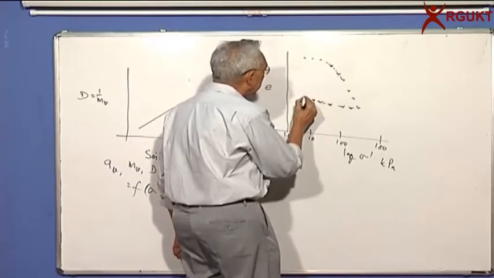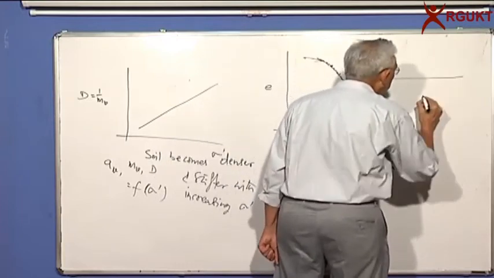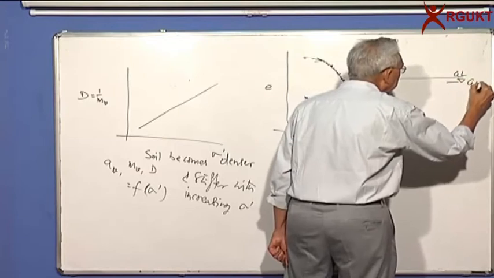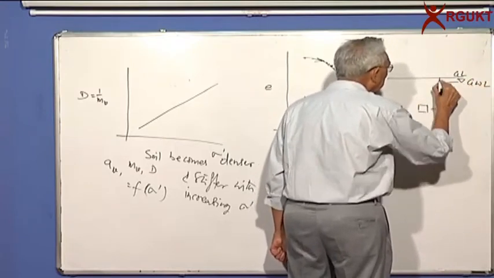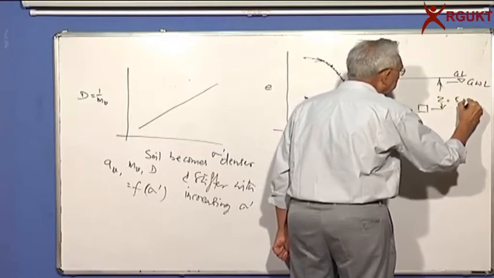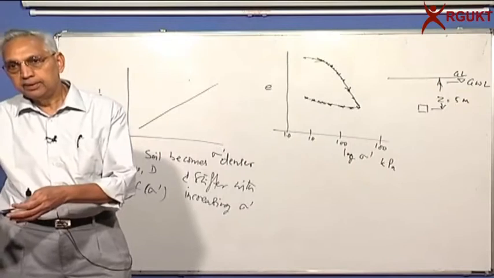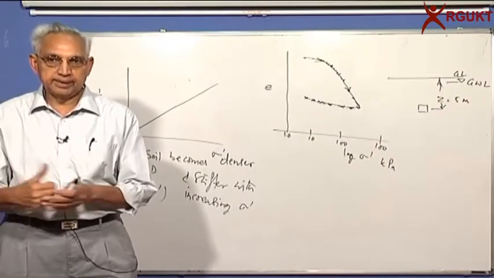If I take a sample from the ground, let's say here is the ground level, groundwater level is somewhere here. I take a sample from a depth z, say z is equal to 5 meters. I take it from 5 meters from the ground, and then I put it in the odometer or the consolidation apparatus.